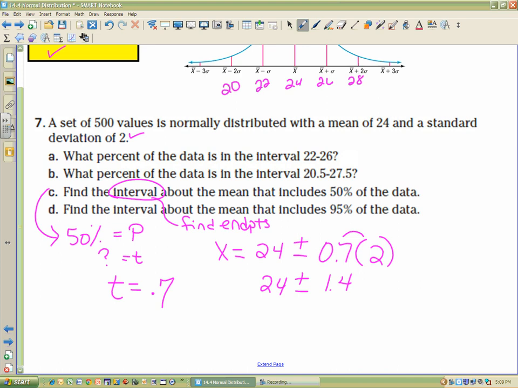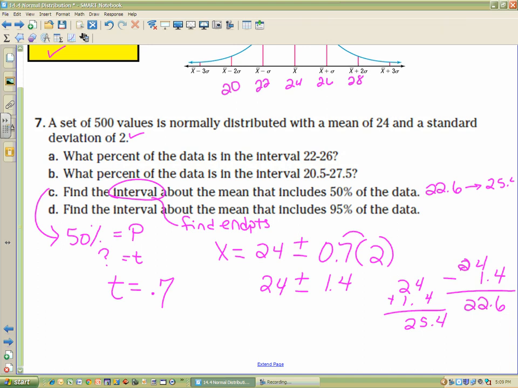That gives me an upper value of 24 plus 1.4. That's going to give us 25.4 on the upper limit. And then I could go 24 minus the 1.4. And that's going to give us 22.6. So our interval that includes 50% of the data is 22.6, carrying up to 25.4.